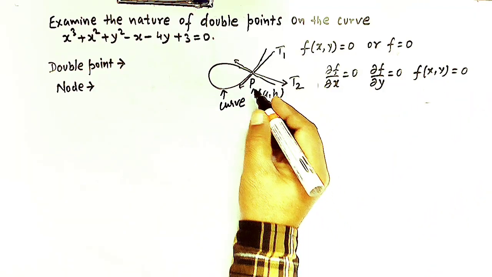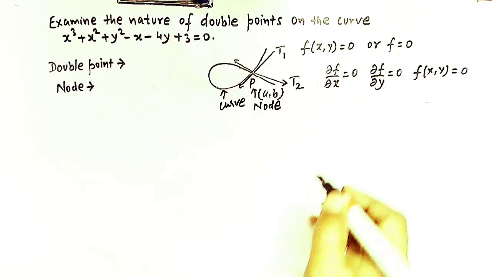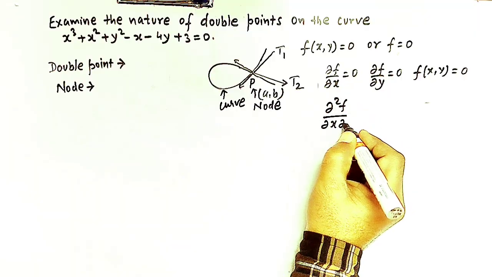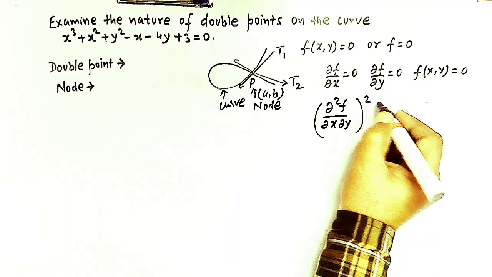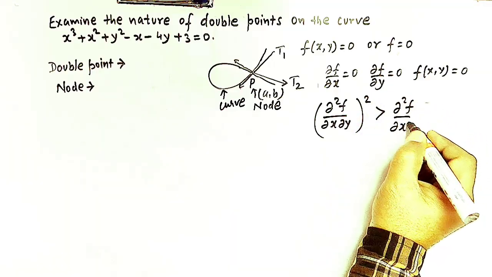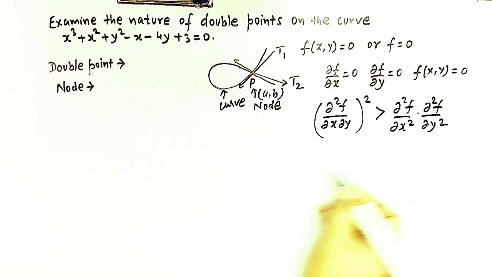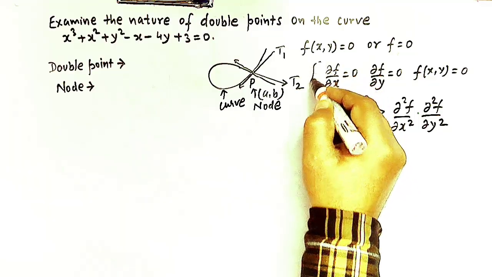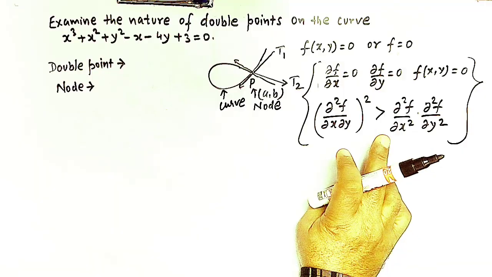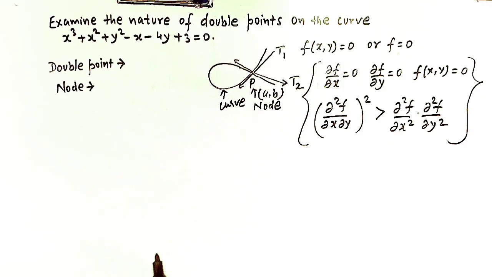And for this point P to be a node, we have the condition that del square f over del x del y, squared, should be greater than del square f over del x square times del square f over del y square, right? So here we are going to make use of this working rule to find out this point P as a node, right?